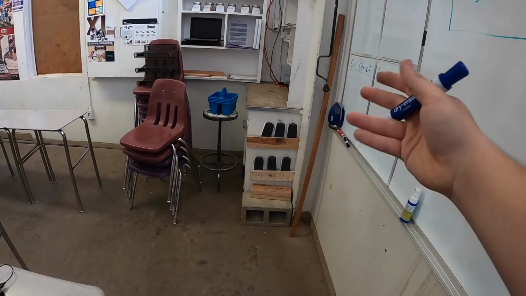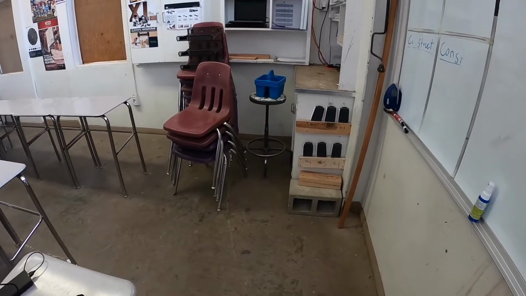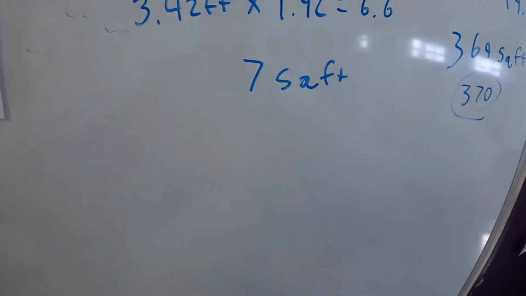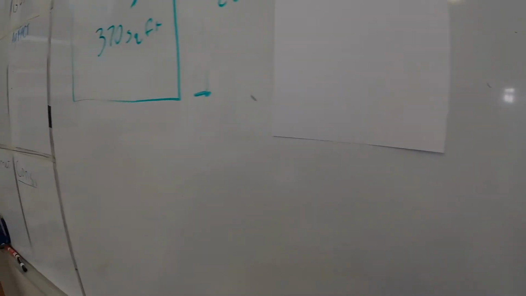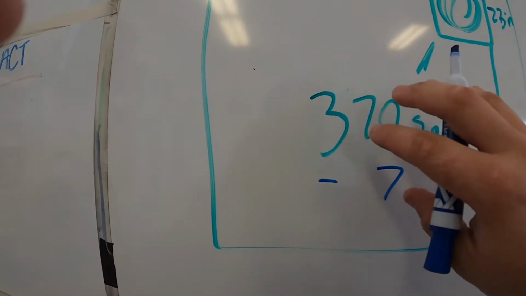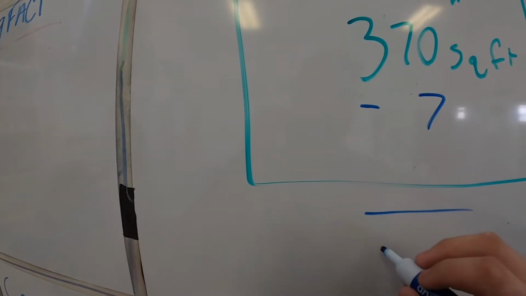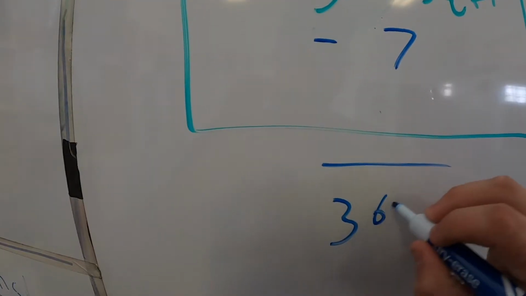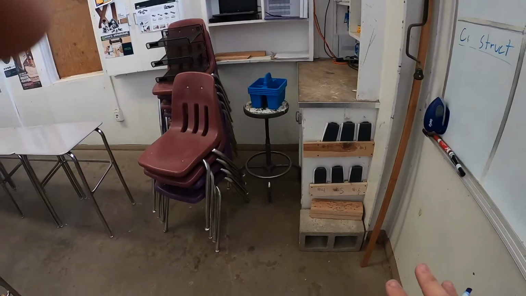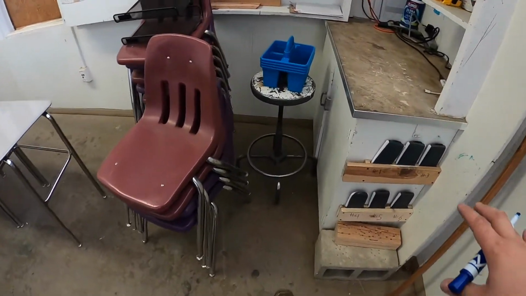I'm okay with that. It might be a little bit larger than we might think or we might need, but I think that's just enough to account. So 7 square feet. Let's take 370, subtract 7, and we get a total adjusted square feet of 363 square feet. That would be the adjusted square feet, taking this into account.